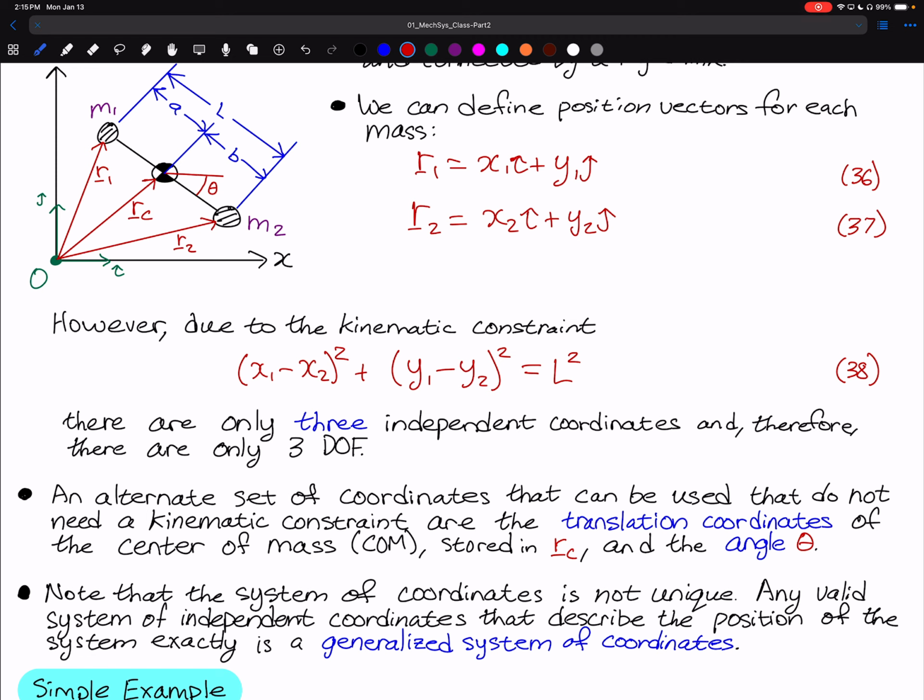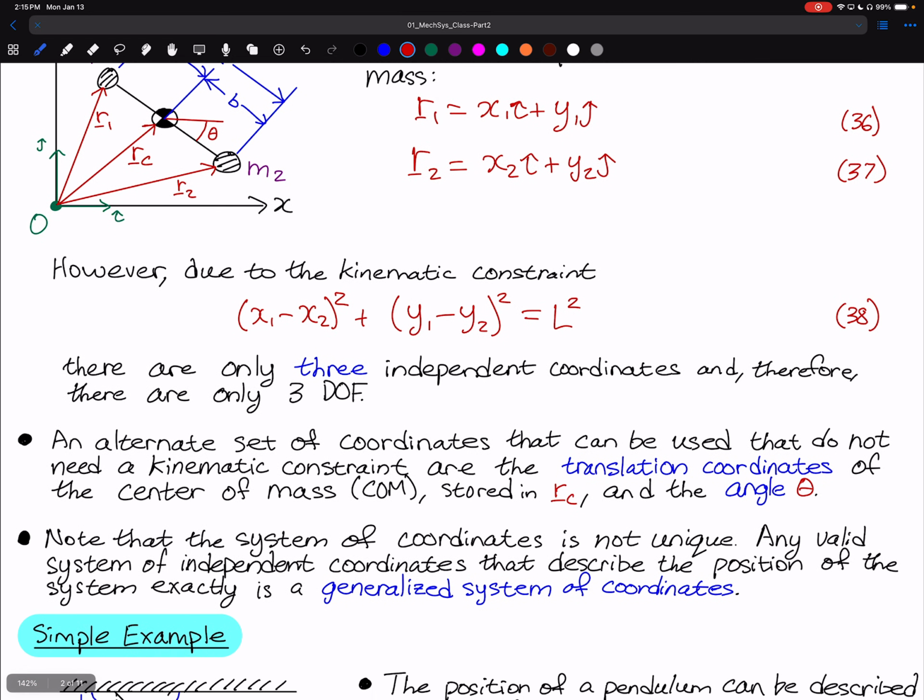If you know those 3 coordinates at any given point in time, then you can determine the position of both masses for all time, and you do not need a kinematic constraint equation. I also want to point out that a set of generalized coordinates is not necessarily unique. There can be many generalized coordinates for a particular system, and as long as they're all independent, you can choose whichever one you prefer to use.